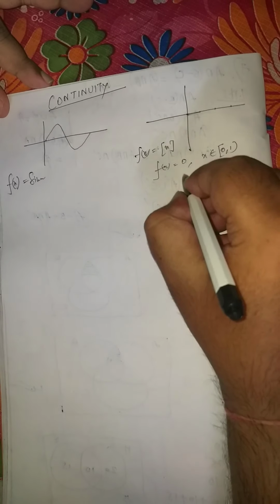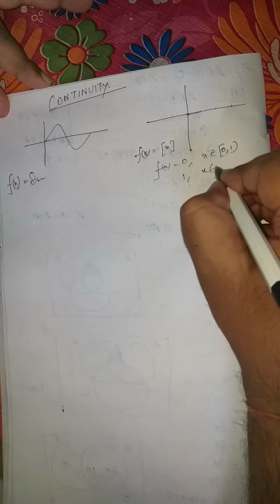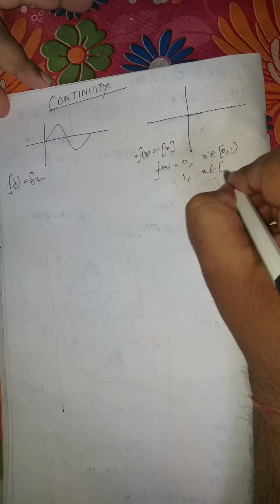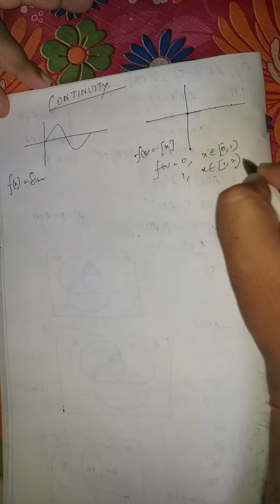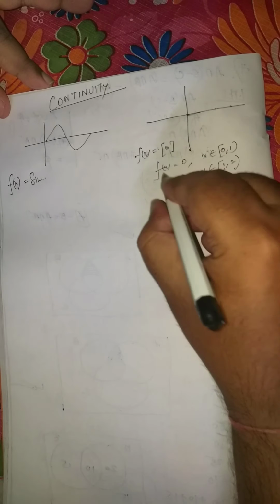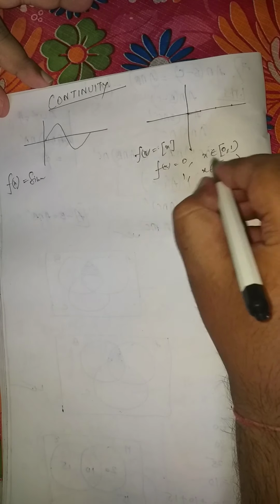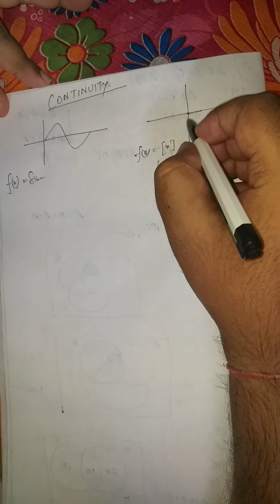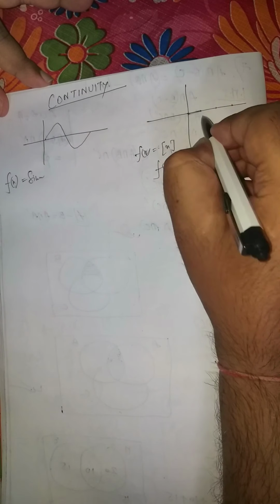It will be 1 when x is an element of [1, 2), with 2 open. Then the value of f(x) will be 1, and then this will be 0.